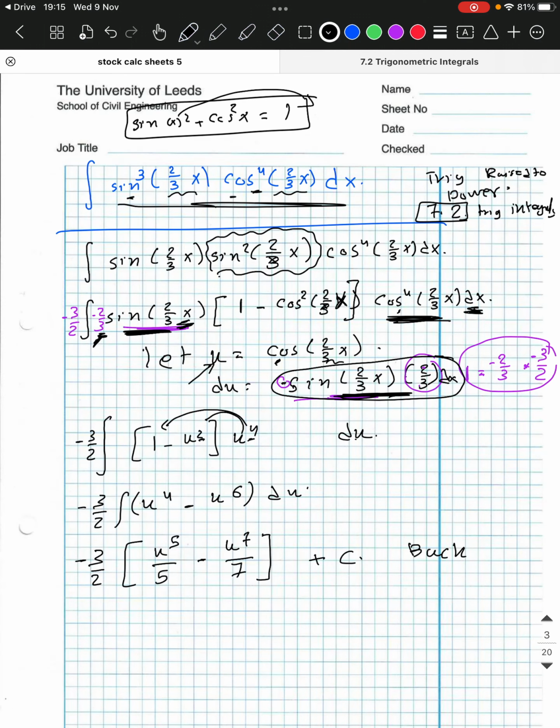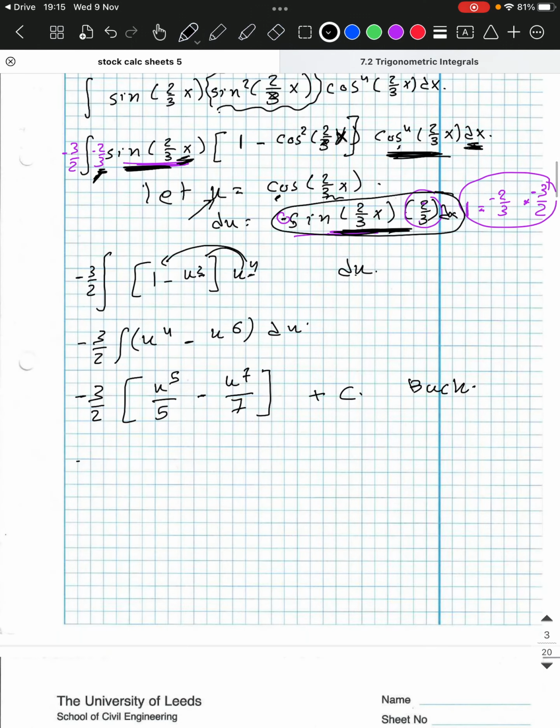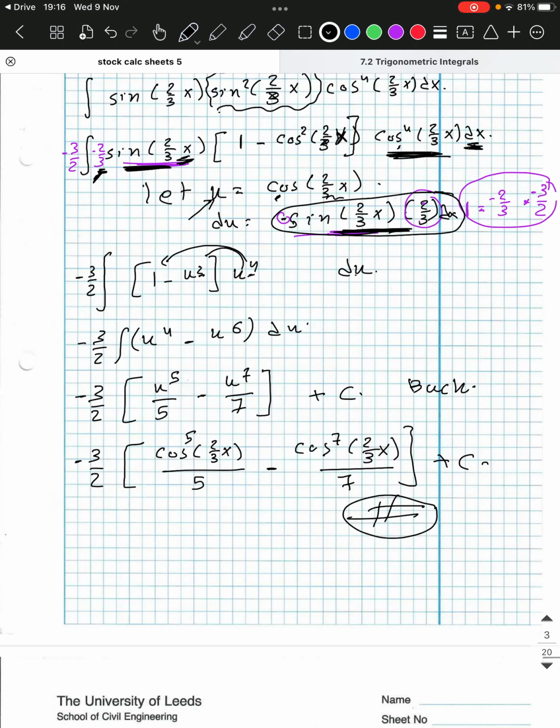Now you back substitute. You just plug everything where it should be: minus 3 over 2 multiplied by cosine 2 over 3x to the power 5 over 5 minus cosine to the power 7, 2 over 3x over 7, plus c. That is the solution to your integral.